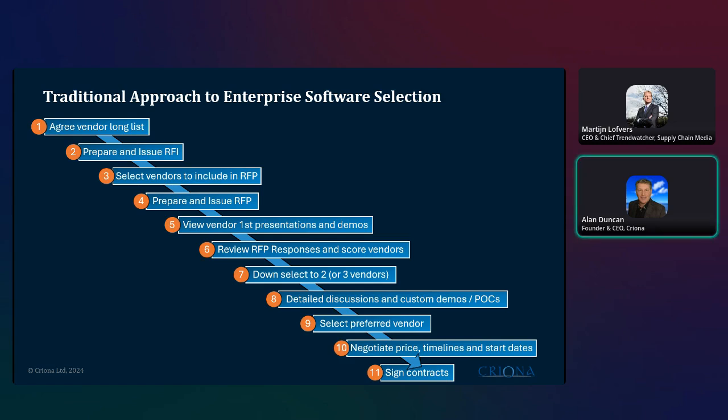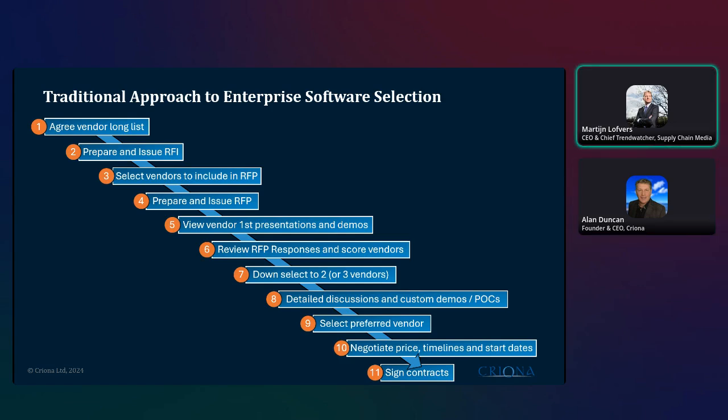We think that it is possible to get under the covers and understand more of the technical differentiation between the vendors, and it's essential that you take a different approach with the vendors, so that you can establish really which one of them is going to be the best for your business going forward.